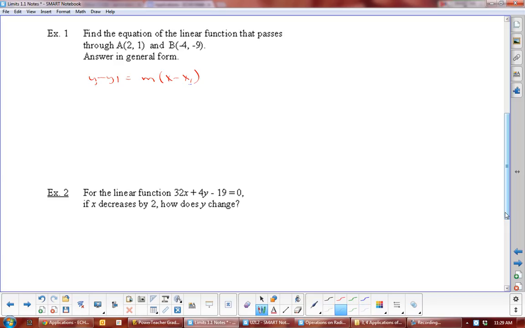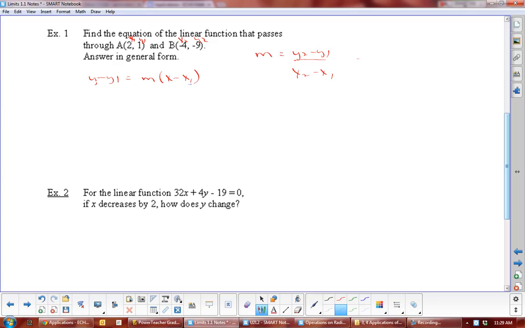So I want to find the equation of this line. Now, you want to keep this stuff straight when you're finding slope. Slope is y2 minus y1 over x2 minus x1. Okay, so maybe you want to go through, and I'm going to call this x1, y1 and this x2, y2. The reason I want to do that is so I don't mix these up.